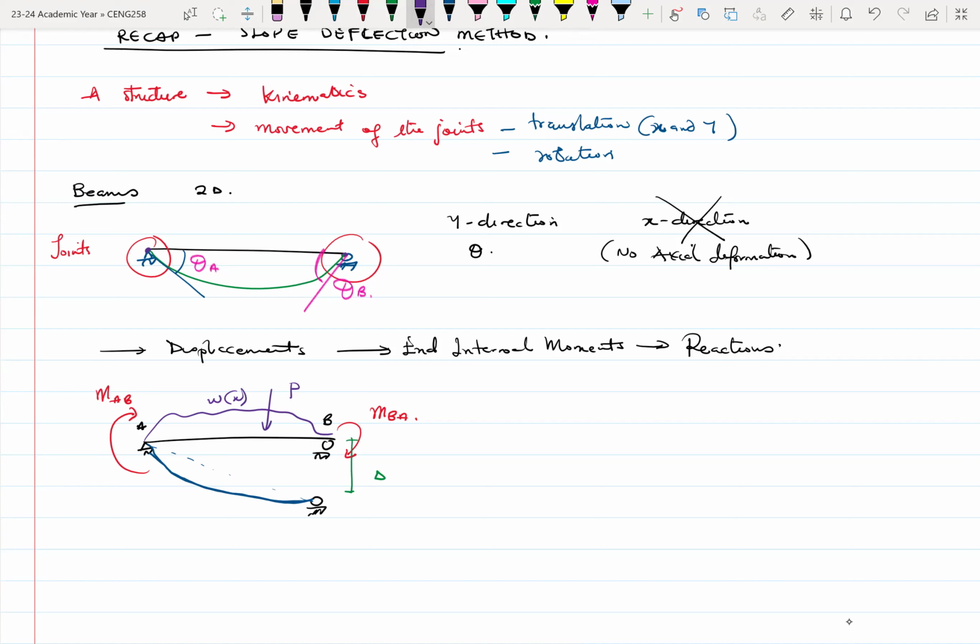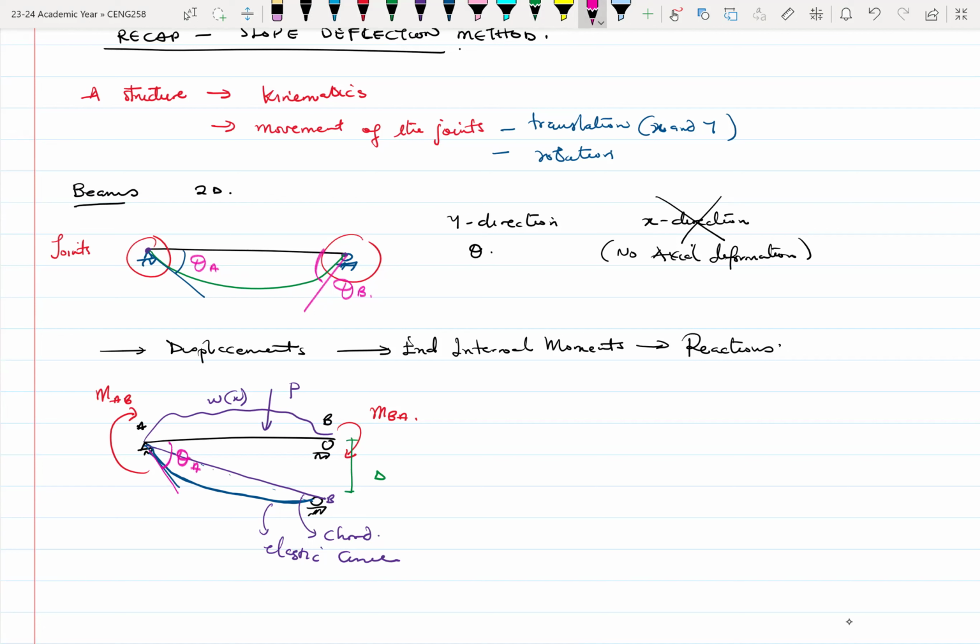This straight line between A and the new position of B is what you call the chord. And then this is the elastic curve. If you draw the angle to the horizontal, you'll find theta A, and here we have our theta B in a way.